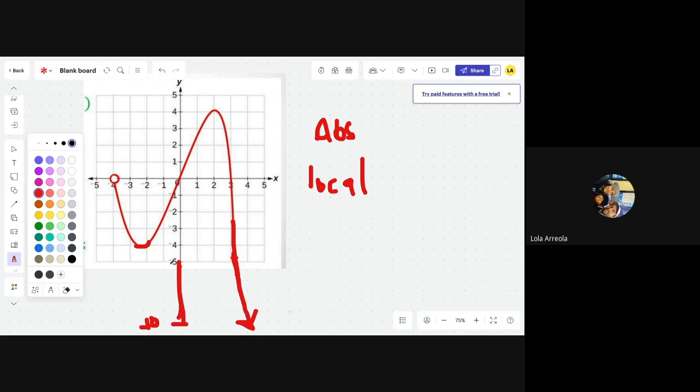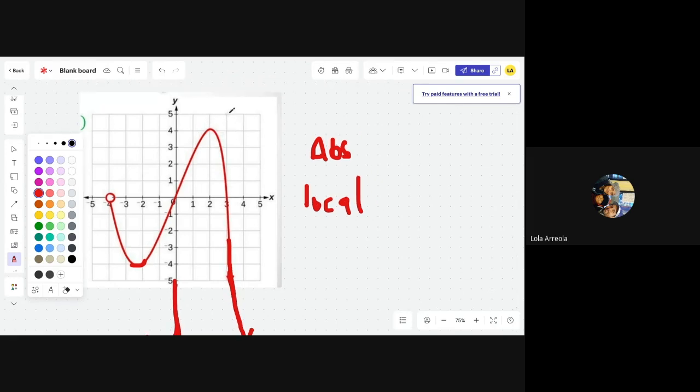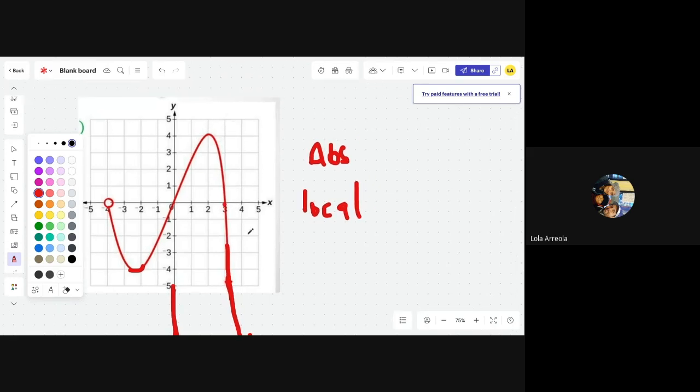So it's just a little local guy. This is the highest. It would be a local max if my graph went like this.